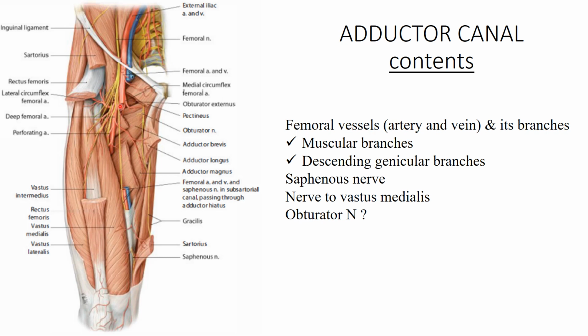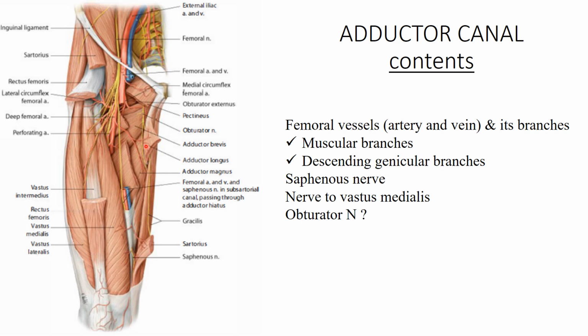And one nerve which is to the quadriceps, to the vastus medialis, also arises from this part. So the nerve to vastus medialis. Those books mention the obturator nerve, but this is more medial. The anterior and the posterior divisions of the obturator nerve are more medial.